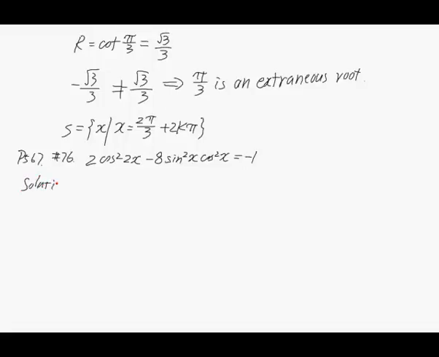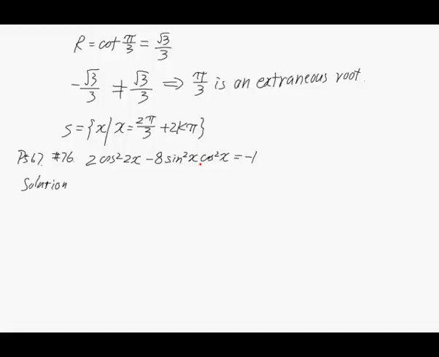So this is an equation involving a multiple of x, right? I have 2x here. And this equation involves sine and cosine, these two trig functions.